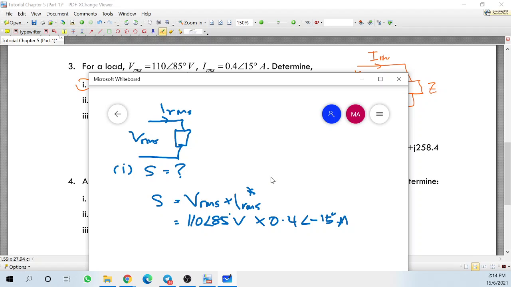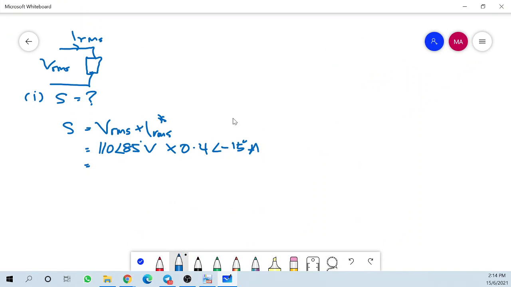Ya, sebab equation dia adalah conjugate IRMS. Yang ni kena clear betul-betul.